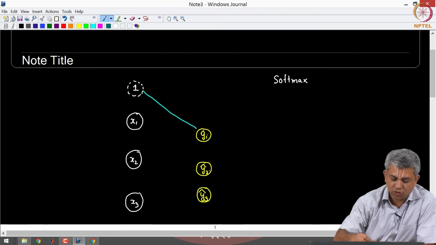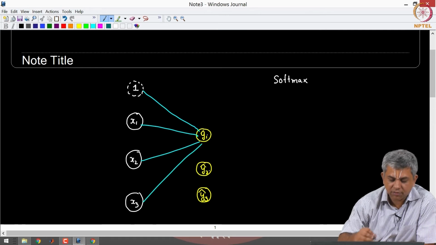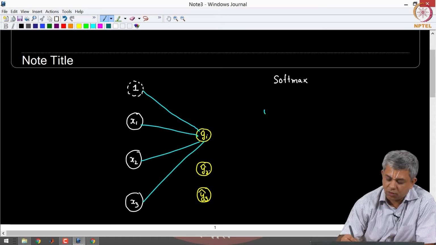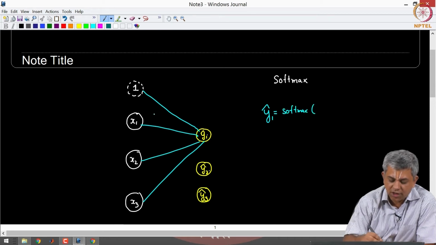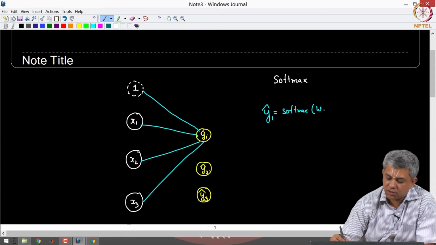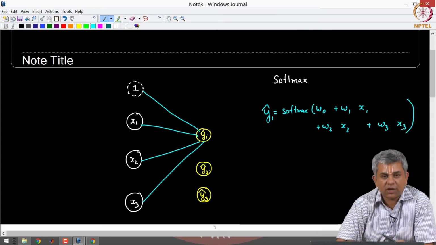So, as usual y1 hat is equal to softmax of the linear combinations of this W0 plus W1 x1 plus W2 x2 plus W3 x3. Okay. That would be y1 hat.